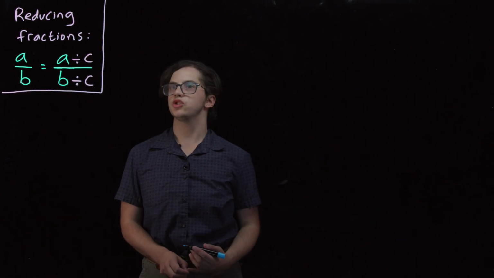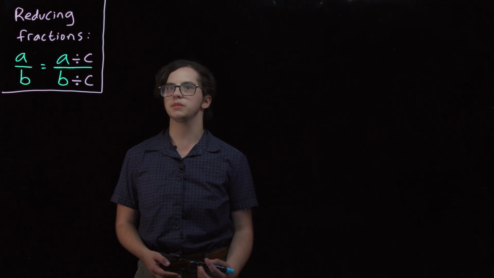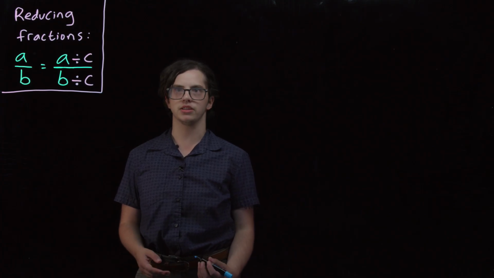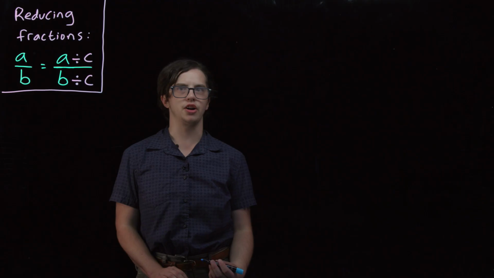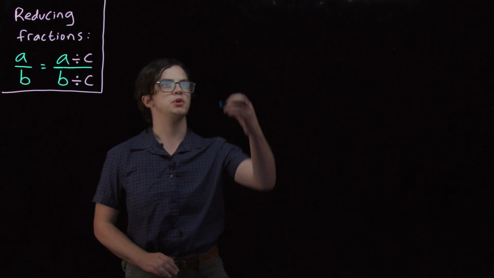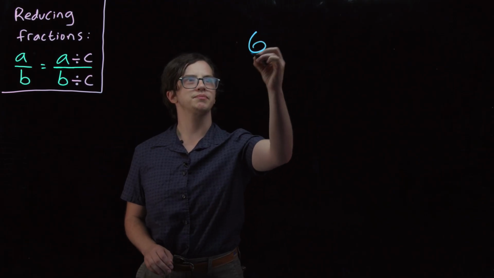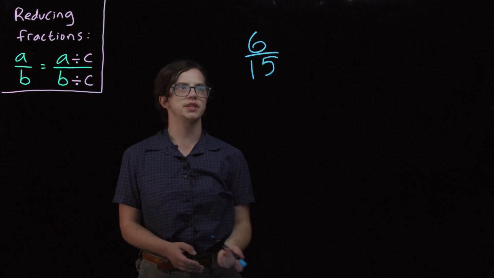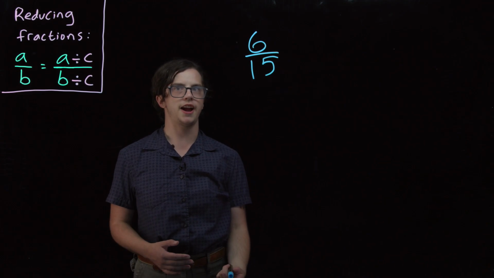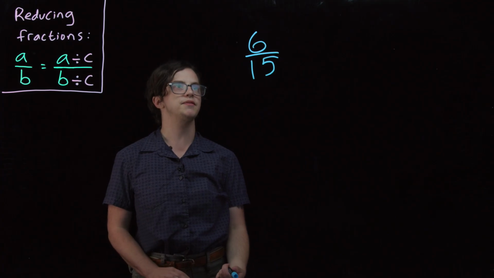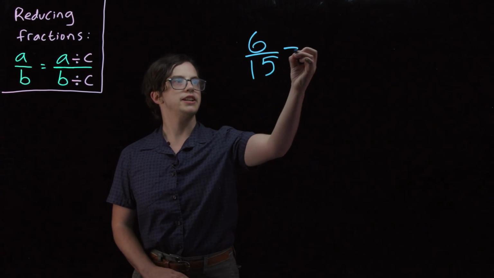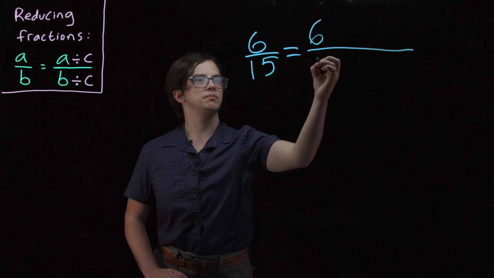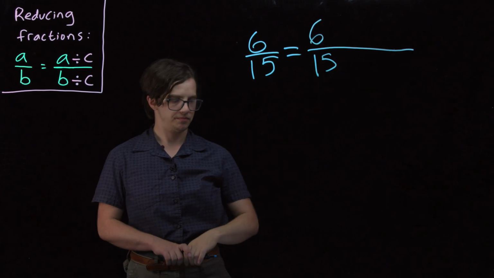Now that Brenna has shown us that we can reduce fractions by dividing the numerator and the denominator by common factors, let's try some out on our own. So for example, let's look at 6/15. If I want to reduce 6/15, I need to find a common factor between 6 and 15. I know that 6 and 15 are both divisible by 3.